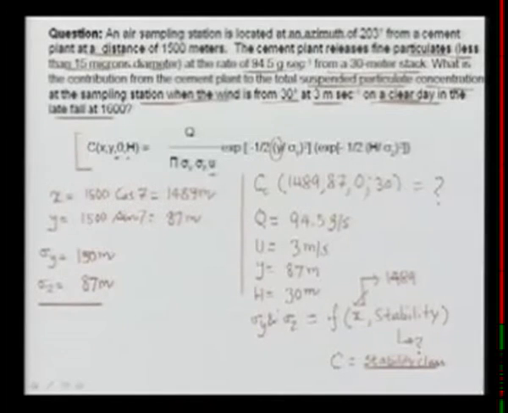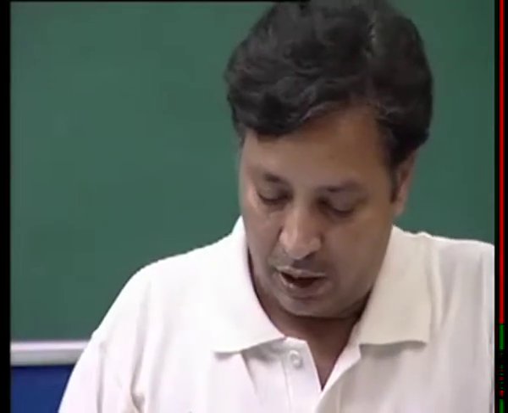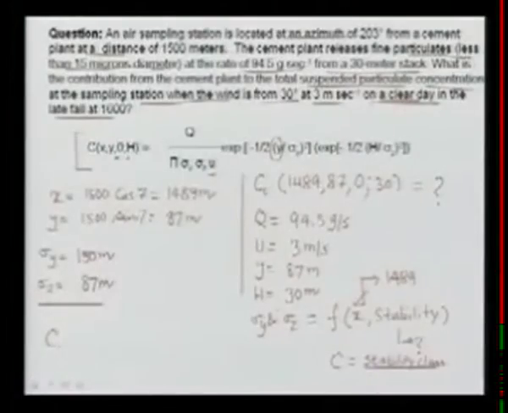Now I have everything that I need to be able to find out the value of concentration, or the impact of a cement plant on a sampling station. So simply I can do the C, or CC as I am trying to call it. Q is 94.5.